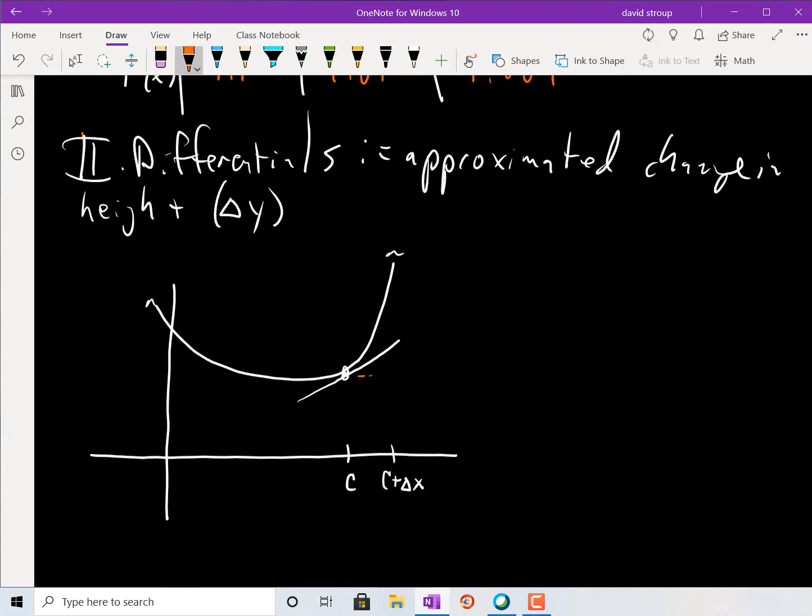I've gotten carried away with my graphs, so it's going to be quite big. So this point maybe is way up here now. The actual change in height of the graph from C to C plus change in x is called change in y.